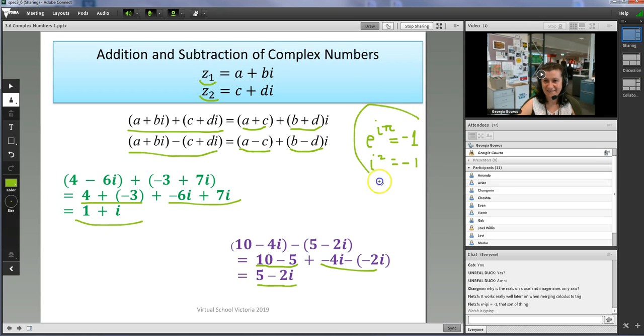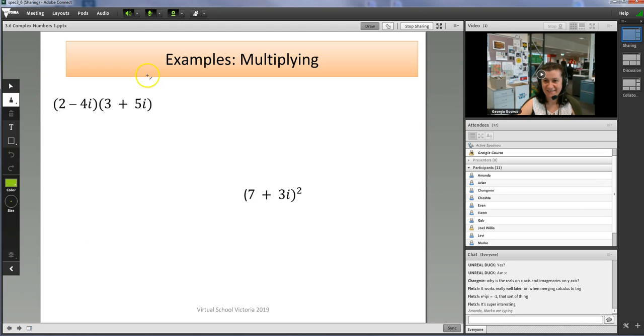Okay, but we don't need to know about the numbers in this exponential form, but you might like to find out about them. It is super interesting, Fletch. You're absolutely right. Okay, so let's have a look how we do multiplying. Yes, Amanda, it is. It's a very famous equation. You can Google it later. It's not part of the specialist maths course, though. I wish it was, because it's kind of nice, but it's not.